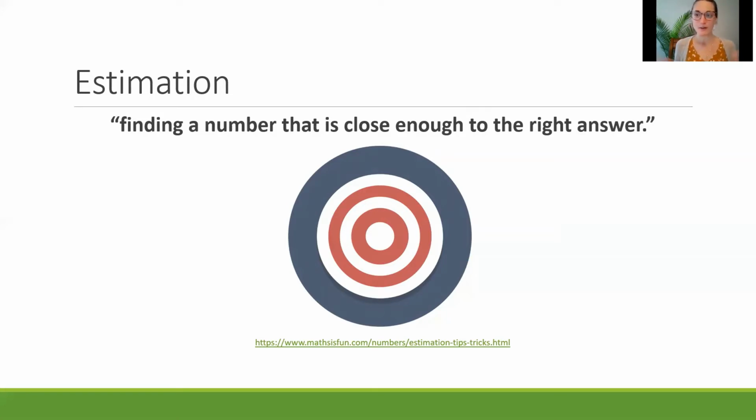Like I said earlier, if you're really pressed for time and you just want to take your best guess, estimation is your friend. Because if you can get an estimate of what the answer should be, it will hopefully help you narrow it down to a couple of answers rather than having all 4 be possibilities. And your odds are better if you have only 2 options than if you have 4 or 5.